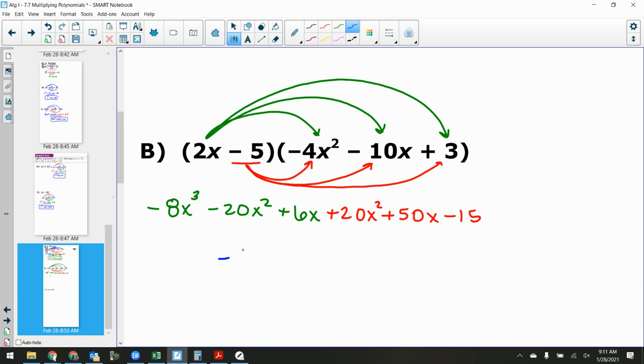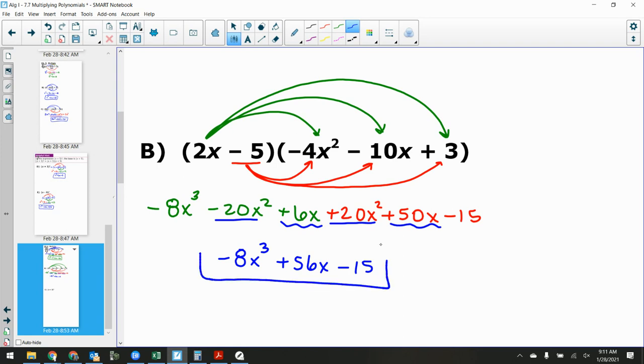Okay, I've got a negative 8x cubed, negative 8x to the third. Oh, look at that. What happens with my x squared? They cancel. What happens with my x's? They don't cancel here. Plus 56x, and then minus my 15. And that's my answer. One more problem to do.